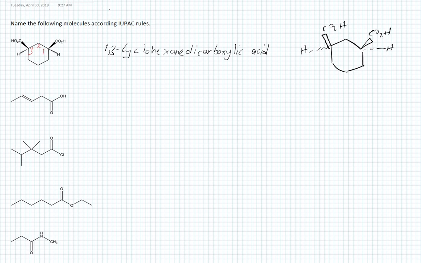Let's use a red marker for numbers. Let's start from this side, and let's mark the chiral carbon. So this is the chiral carbon, and we put an asterisk here. We know that the carbon with 2 oxygens has to be number 1, and this carbon should be number 2 because it's next to another carbon with carboxylic acid.